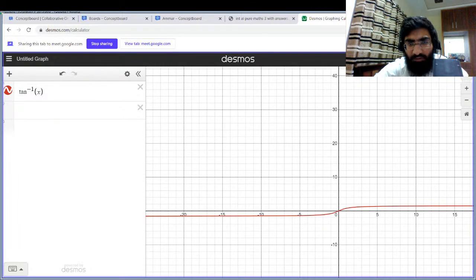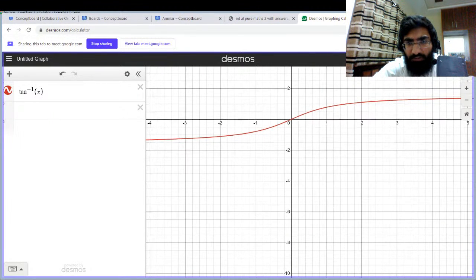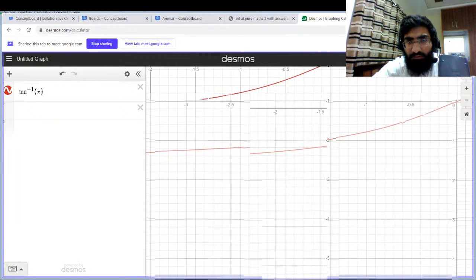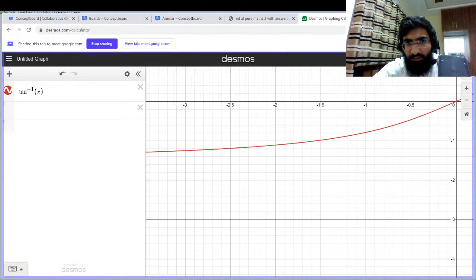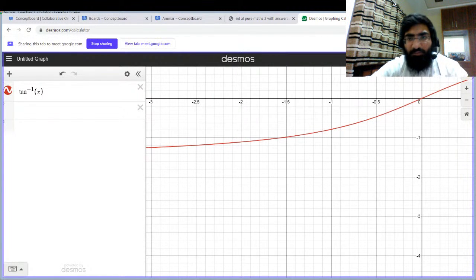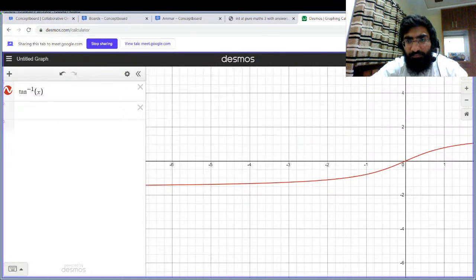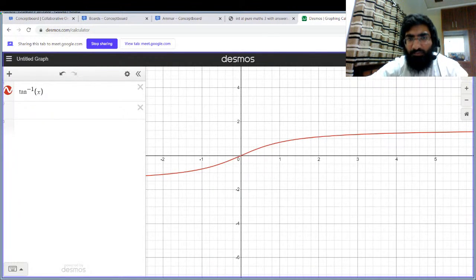It becomes asymptote at what? Where is tan? What's the maximum value? Tan inverse of x. Why? I'm so confused. How do you draw arc? How do you draw inverse without this?